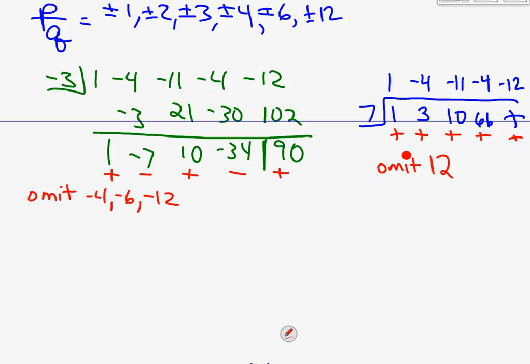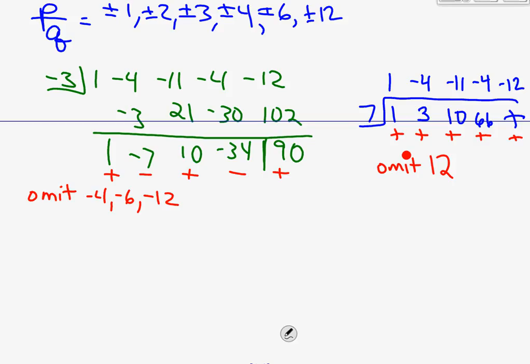Now, excuse me. So now I know what my possible zeros are. I looked at that graph, so I have some ideas of things I might try. And so now I've eliminated some things. Now I'm going to try plus or minus 1, plus or minus 2, 3, 4, and 6 as my candidates.